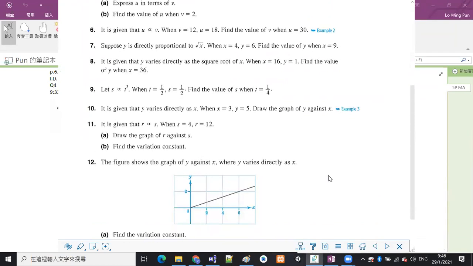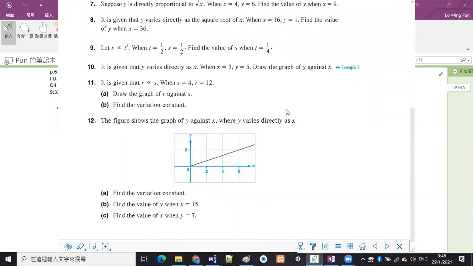I just want to remind you that in this chapter, we will not do anything about the graphs. We are going to skip all the parts with the graphs, because they do not appear in the DSE exam. So when you are doing the exercise, just skip all the questions with the graphs.